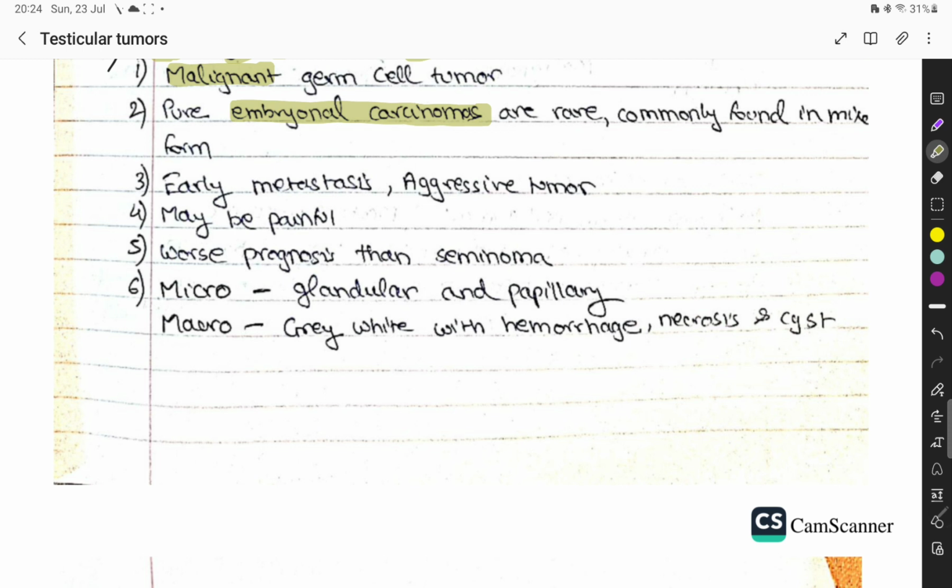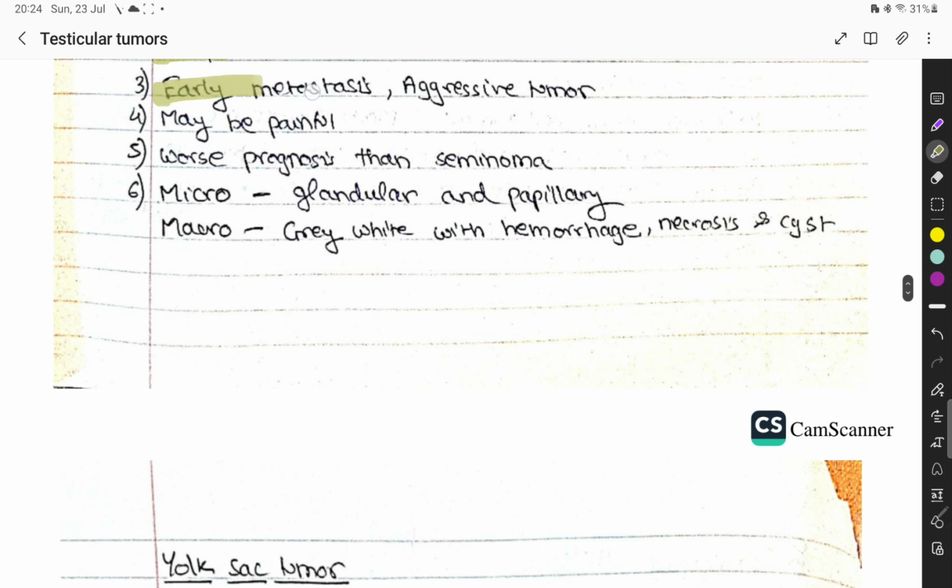It's never purely just embryonal carcinoma, so it's commonly found in the mixed form. It metastasizes very early and it's a very aggressive tumor, okay? It is painful, with a worse prognosis than seminoma. Microscopically, it is glandular and papillary. Macroscopically, it is gray-white with hemorrhage, necrosis, and cysts.